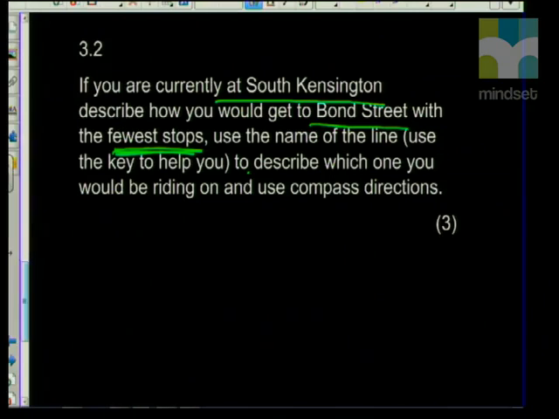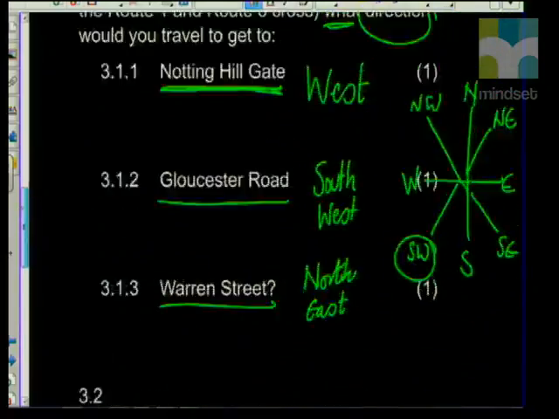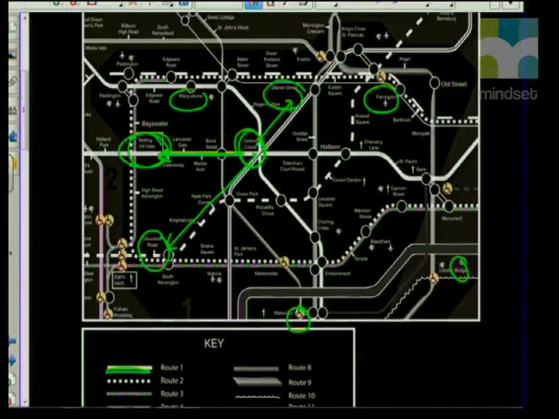So I think we first of all need to identify where South Kensington is and where Bond Street is on our map. I'm going to change colour so we're not going to get confused with previous questions. South Kensington is this place over there, and I need to get to Bond Street, which is over here. I can see that if I went along this line, changed over here and went up there, is one possible route.